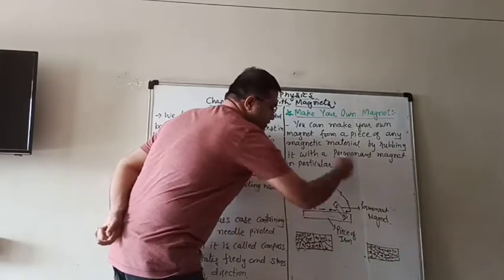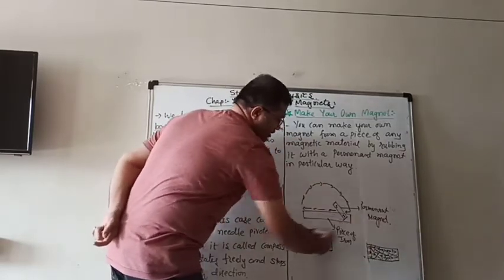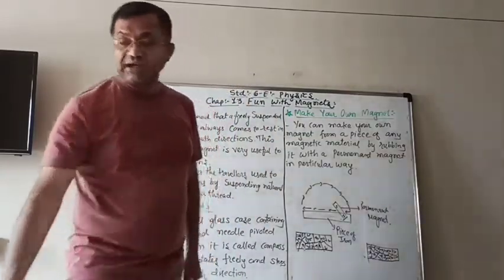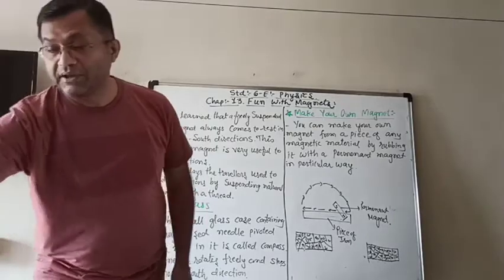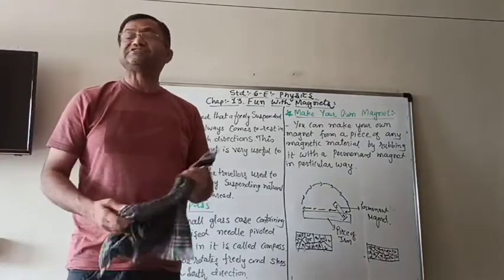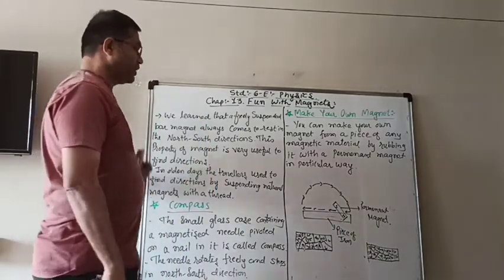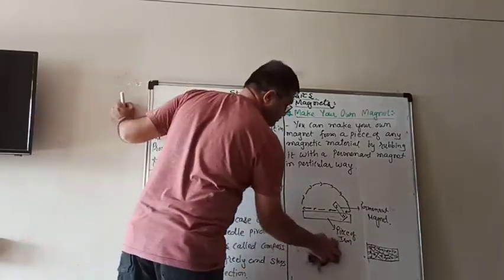And if you rub it on that side, then it will be on that side. So all the tiny magnets will be arranged in the same direction, and then it becomes a magnet.